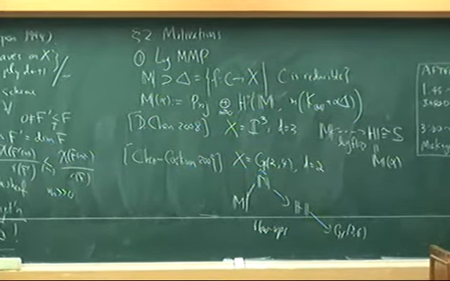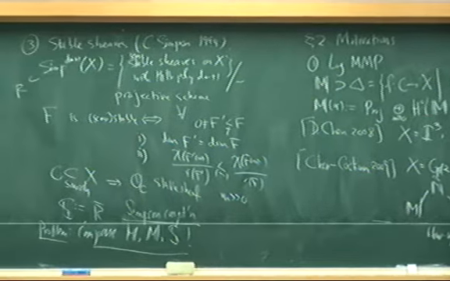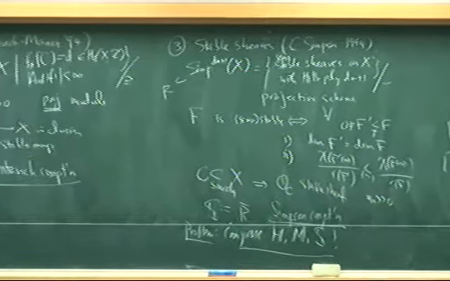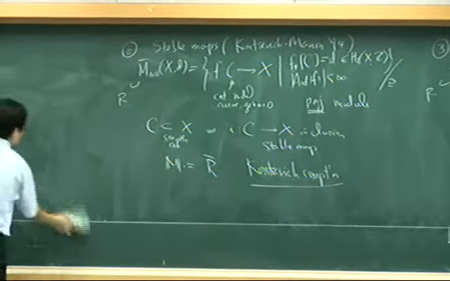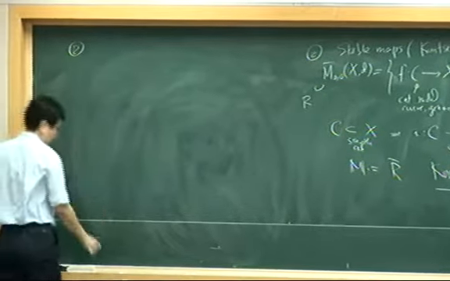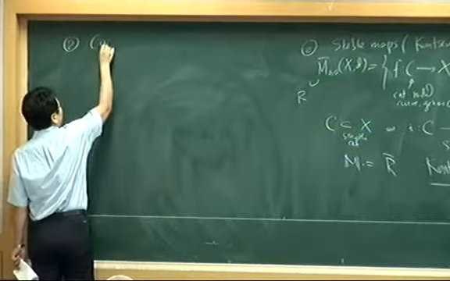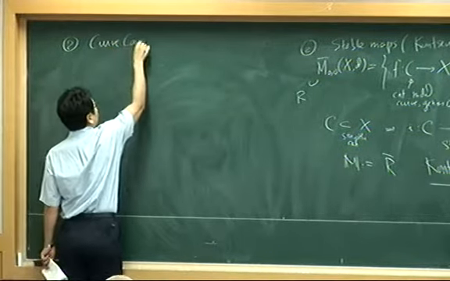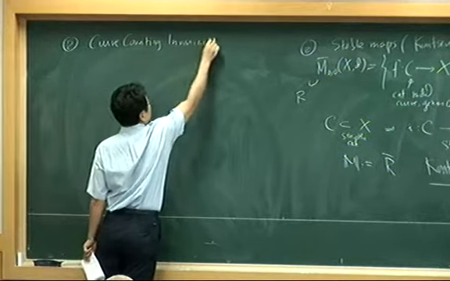But actually, that was not my motivation here. I didn't know Dawei's work when I started this project. My true motivation here is different. My true motivation was curve counting invariants.